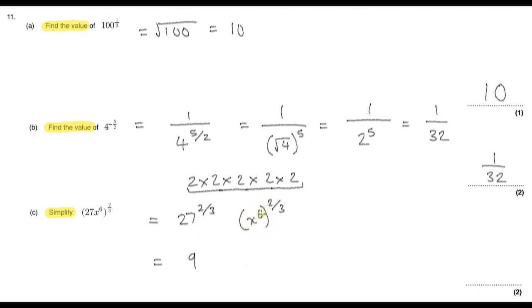When we raise something to a power and then raise that to a further power, we just multiply our indices together. So it's going to be x to the power of 6 times 2/3. Well, 6 times 2 is 12. 12 divided by 3 is 4. So it's going to be 9x to the power 4. That is my final answer, 9x to the power 4.